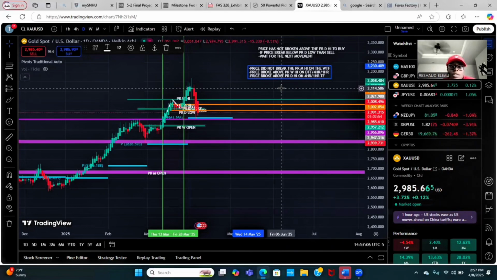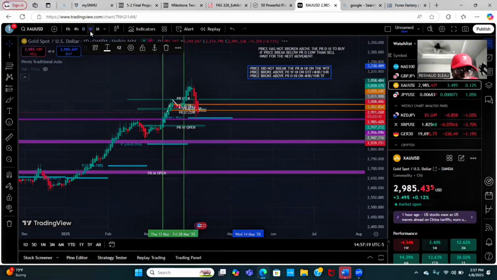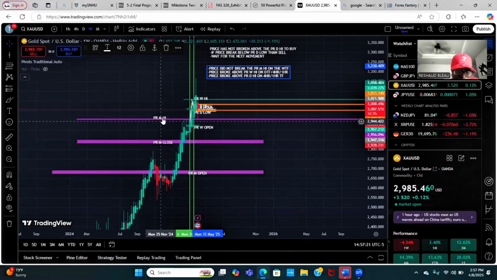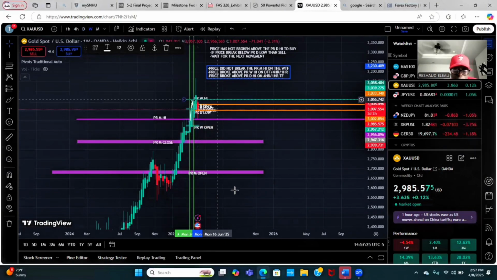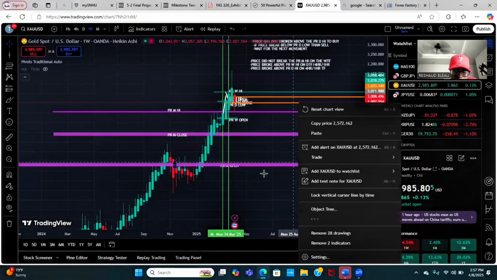So price broke above all these daily highs, the weekly high. But at that time, price didn't break the monthly on the weekly time frame. But as you can see, price broke the monthly high and continued to buy, right? So we're going to delete all this, the monthly and all that.